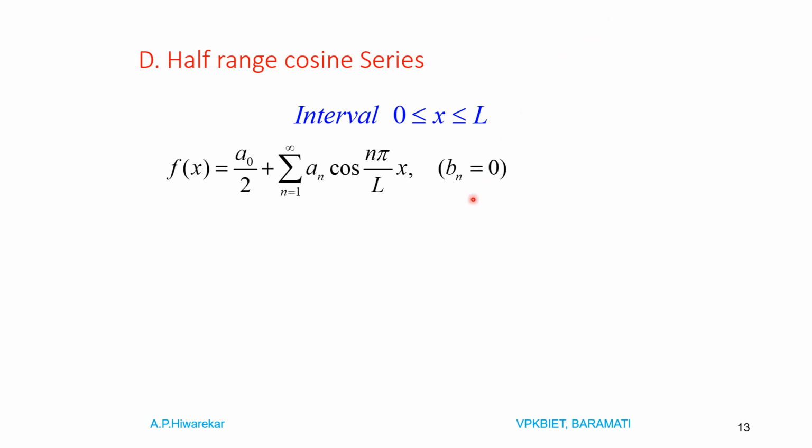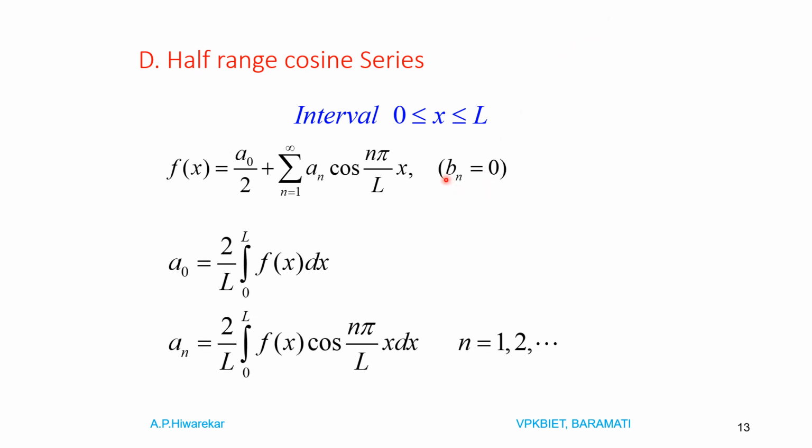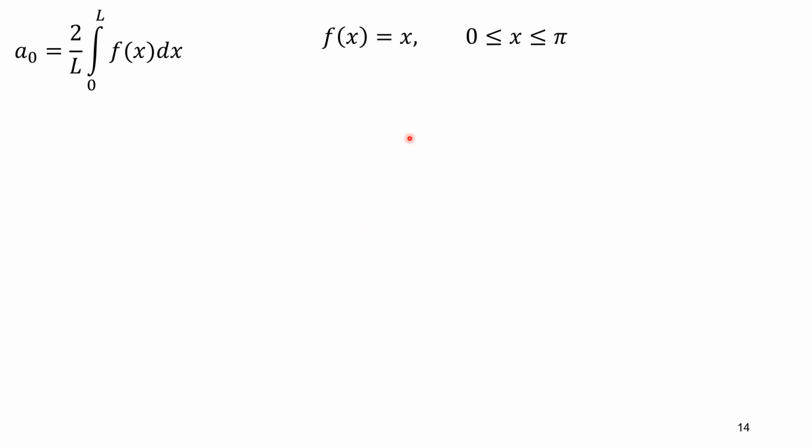In this case, the value of bn is 0, and these are the formulas for a0 and an. Now first we find the value of a0. For that we have f(x) as x, and the interval is pi. So the length of the interval, in the standard formula, is L, and here it is pi. So we have L is pi.